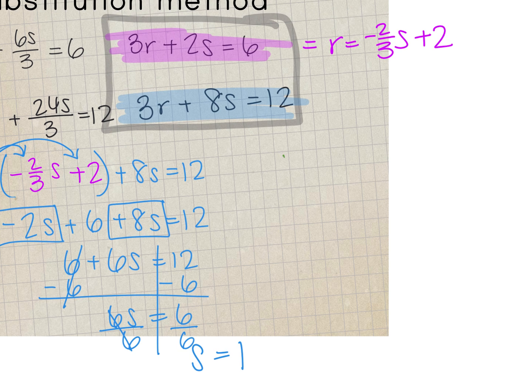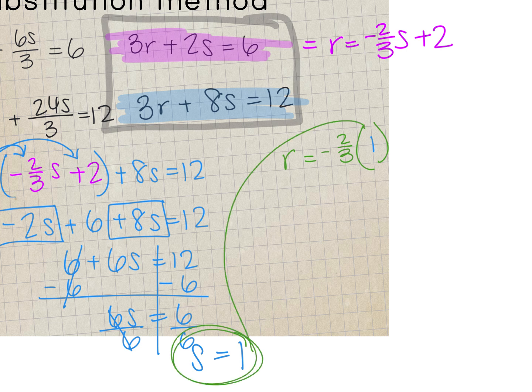I'm going to have r equals negative 2 over 3 times that 1. Okay, so I'm taking this and I plugged it in right here, plus 2. I'm going to get r equals negative 2 over 3 plus 2. Can I add these? What do I have to do when I'm adding fractions? What do I have to have?